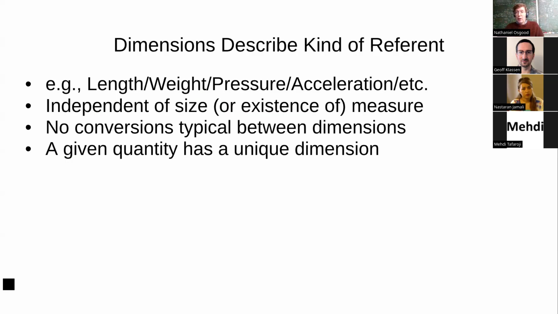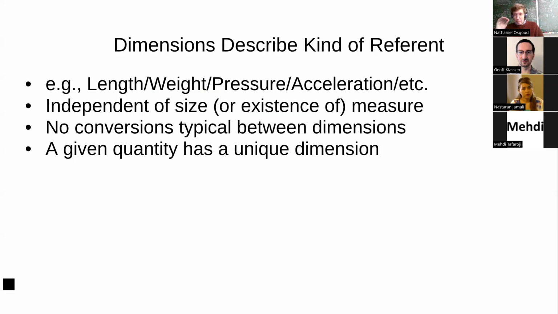We might say it's a dimension, people per unit time, right? And you'll notice that I'm not characterizing the measure there. I'm describing the kind of referent it is. And it's an important concept.